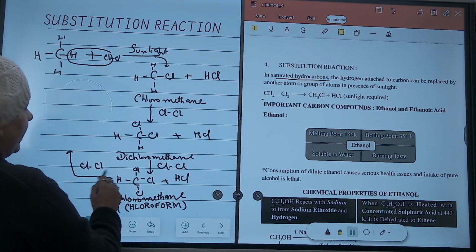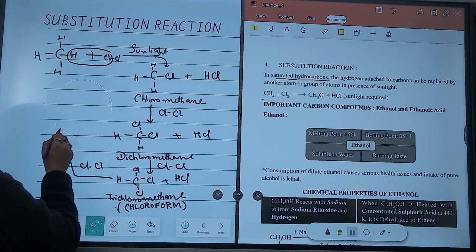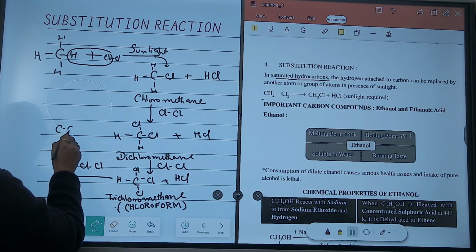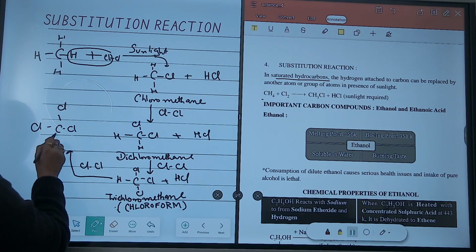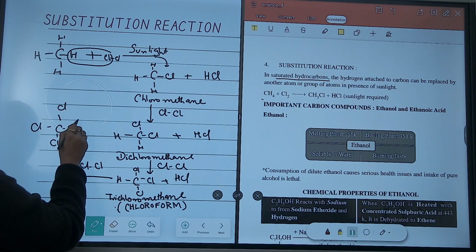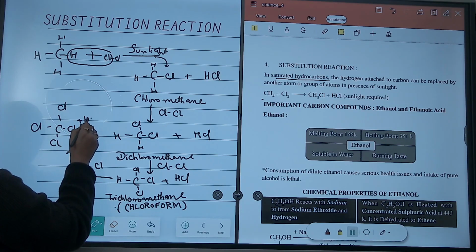The last hydrogen will also be replaced by Cl, and HCl will be formed.